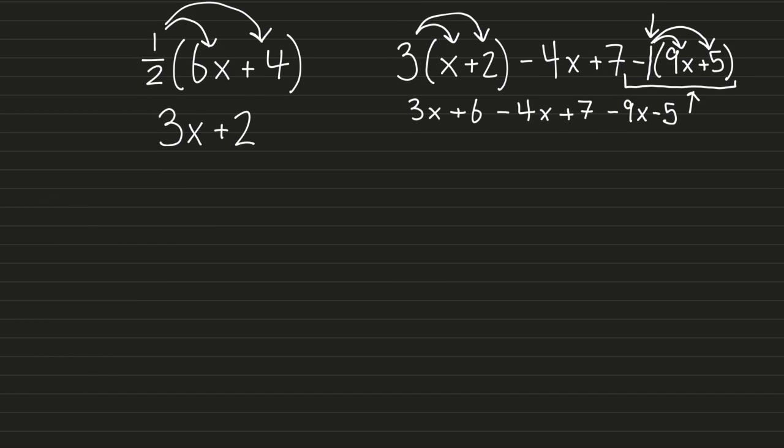One last thing. There is a little bit of strategy in this. Now, I did say we typically do our distribution before we combine our like terms. We want to get rid of the groups first. But sometimes we might see something like this.